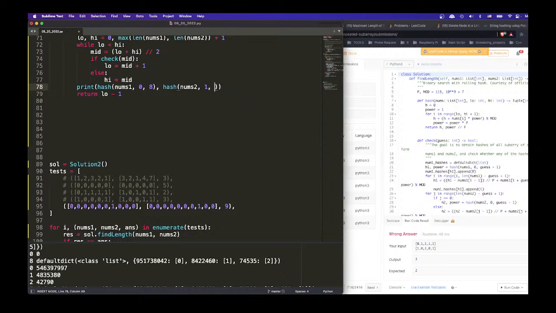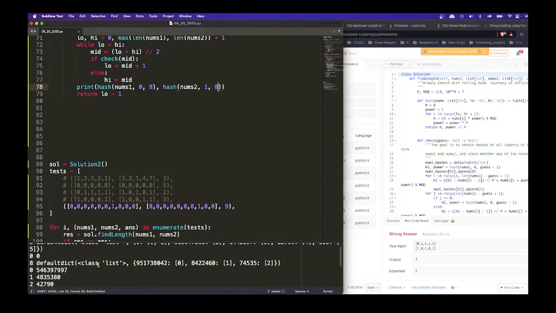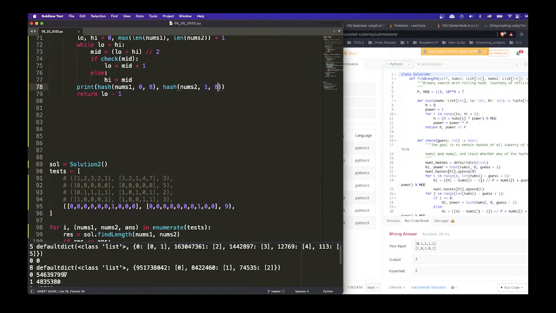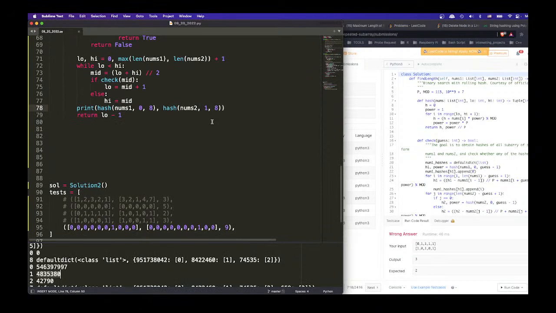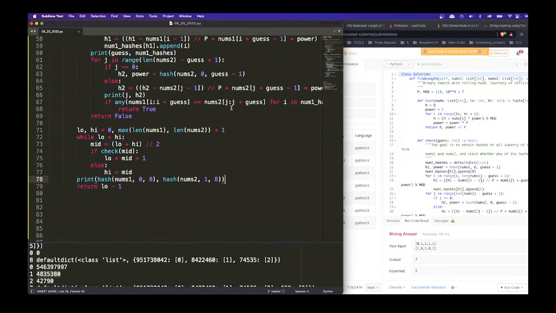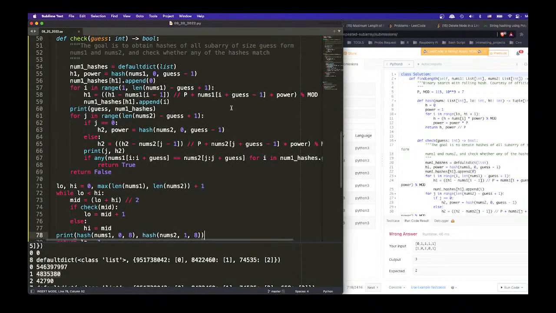Oh, we know 1 to 8. We know 1 to 8 is right. But this is not correct. I don't know why.